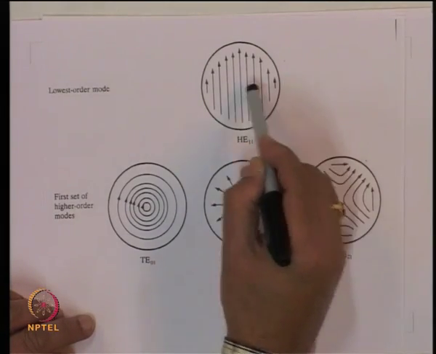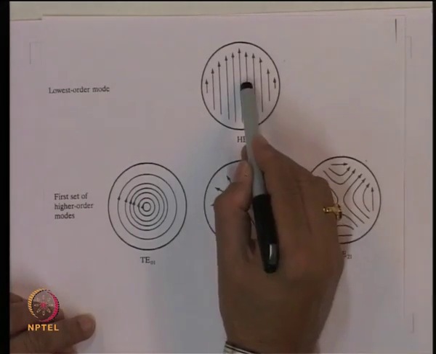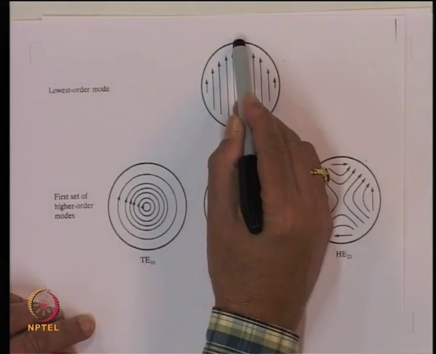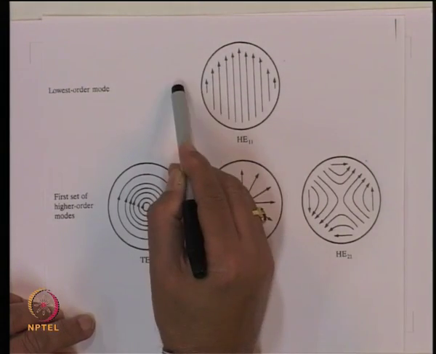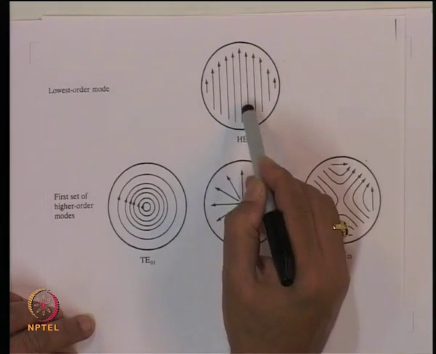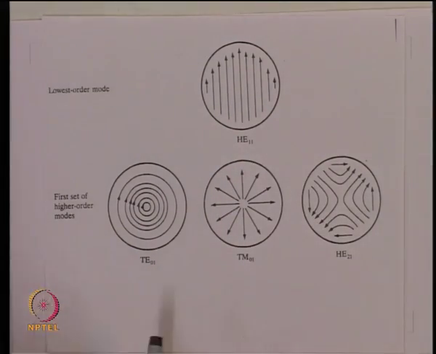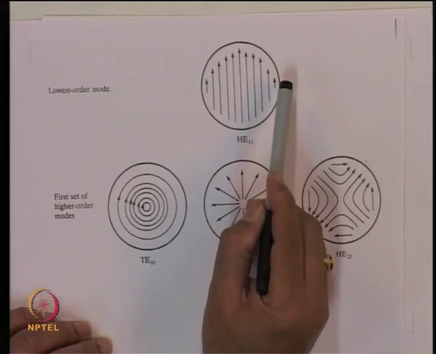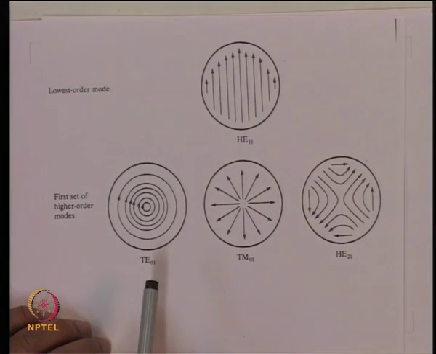The R is radially outwards everywhere. So, if I come to this direction here, the R component is 0. If I come in this direction, the R component is maximum. If I come here, the R component, which should be oriented this way, is 0. And when I come here, the R component is oriented in the negative R direction, because R should be coming this way. So, you got 1 cycle variation here. It goes from 0 to positive maximum to 0 to negative maximum.